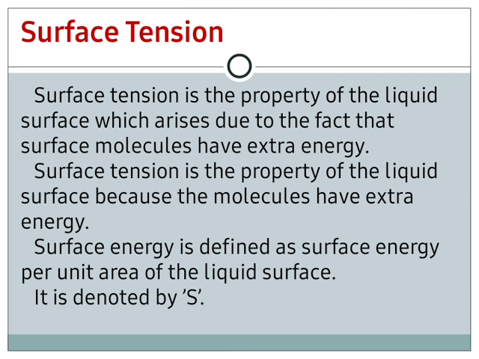That is, it is the extra energy which the molecules at the surface have. So, surface tension is the property of the liquid surface because the molecules have extra energy. It is also defined as surface energy per unit area of the liquid surface. It is denoted by S.